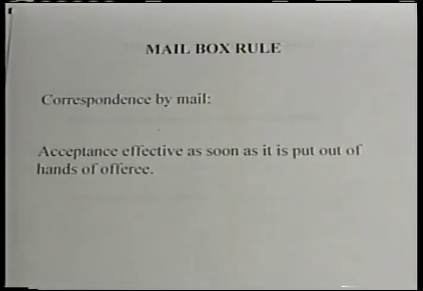This is what is known as the mailbox rule, the very famous case of Adams versus Lindsell dating back to 1818. So it's what we call the mailbox rule, and it says acceptance is effective as soon as it's put out of the possession of the offeree. Now, since the offeror is the master of the offer, they can set up rules that are different. They can vary the rules as they see fit, because the offeror, once again, is the master of the offer.